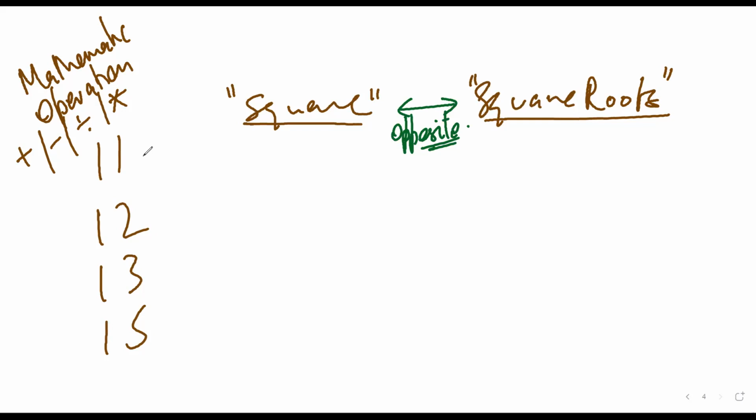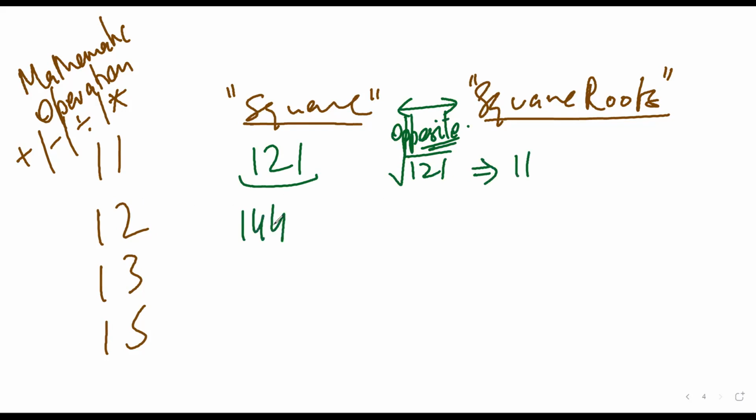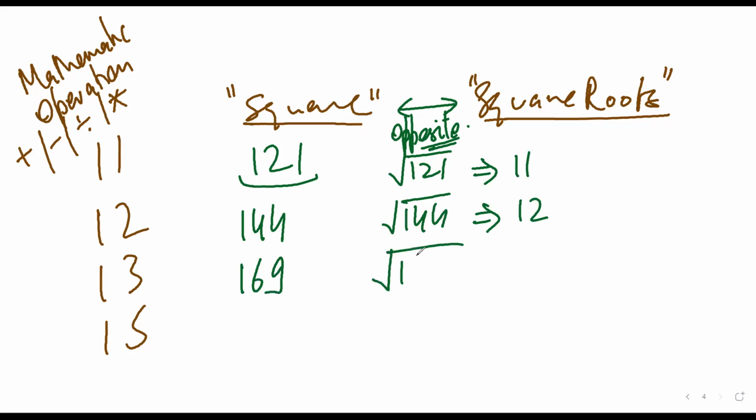For example, if I have 11, the square of 11 would be 121. But if the square is 121 and I want to find the square root of 121, it would be 11. If the square of 12 is 144, then the square root of 144 would be 12. Square of 13 is 169, square root of 169 would be 13.